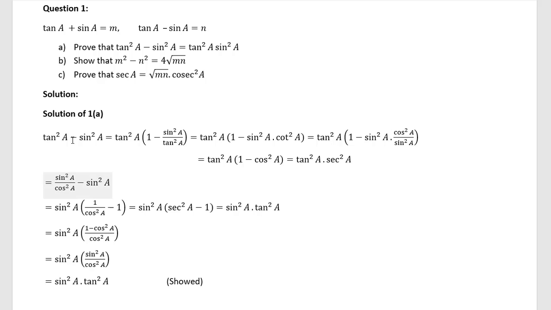And you can see that I have done this. I have taken this expression and converted it to sin square A into tan square A in three ways. The first way was like this vertically, the second way is like here, and the third way is like this.